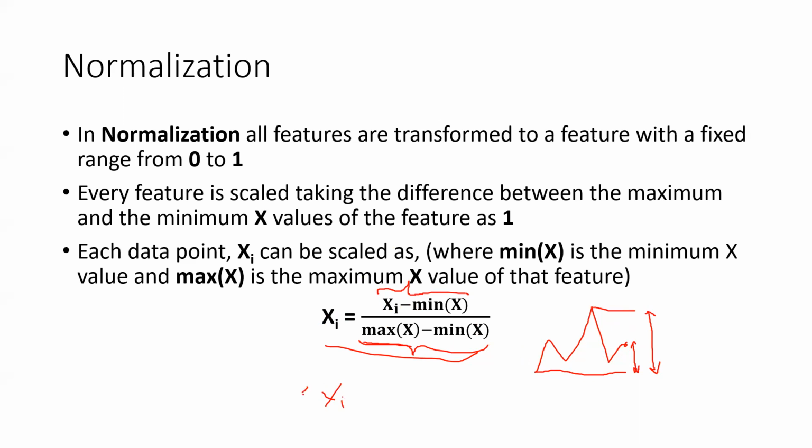I haven't mentioned it here, so we said it in words. So that is the idea of normalization. In Python, you can use a min-max scaler to do this normalization. So this is the theory of normalization, a way of scaling a feature.